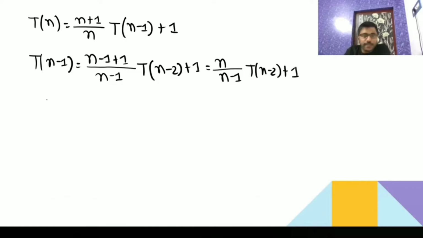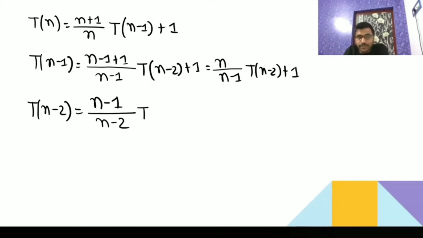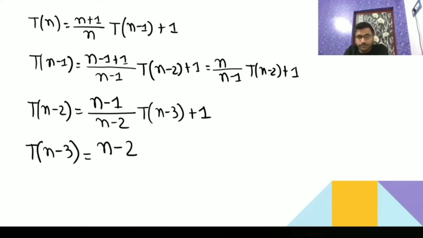Similarly, Tn minus 2 will have n minus 1 on top, and below n minus 2, then Tn minus 3 plus 1. Similarly Tn minus 3 will be n minus 2 over n minus 3 times Tn minus 4 plus 1. If you're done with the writing, let me know.